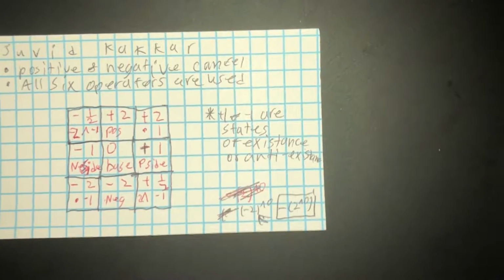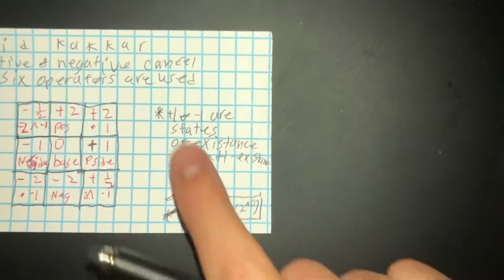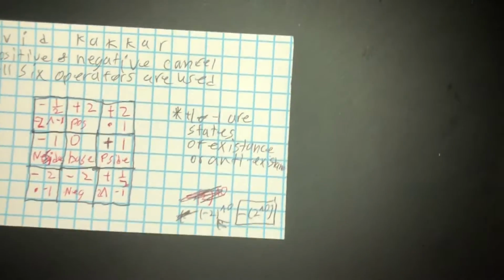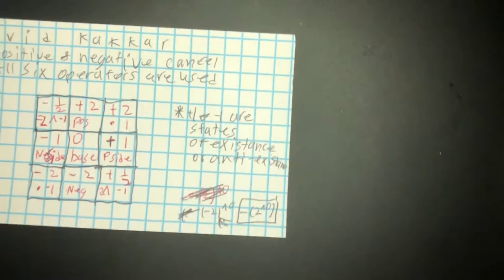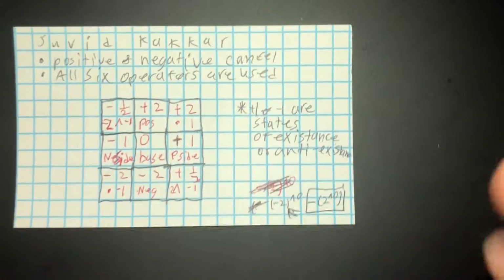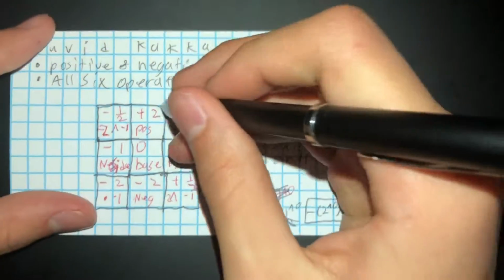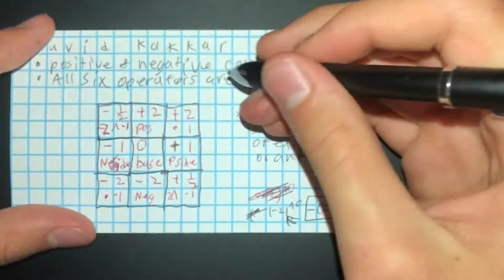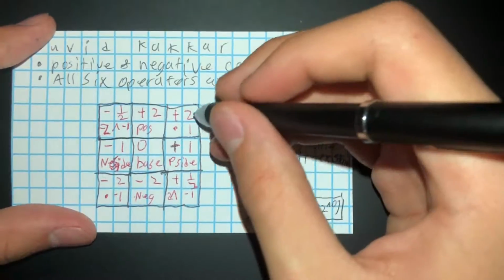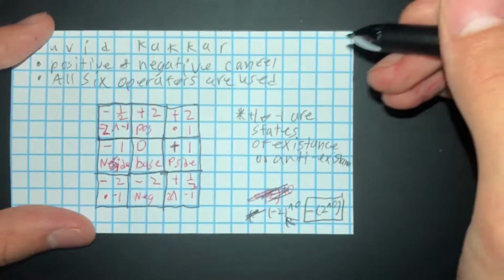So let's just go over the square because I know it was really long and wordy. Positive, negative. Okay, positive side, negative side.